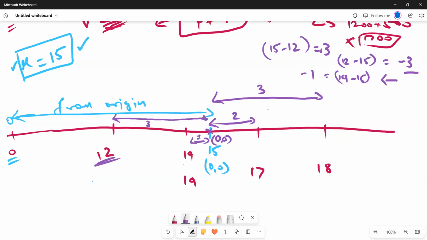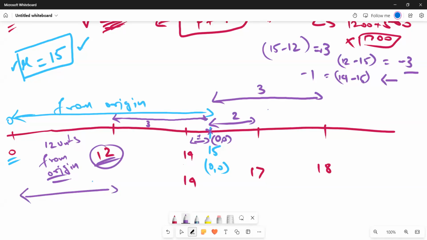This 12 is present at 12 units of distance from the origin, so this is basically 12, 0, or just 12 on the number line. In a similar way, this is 12.